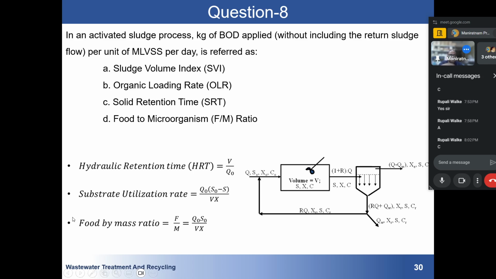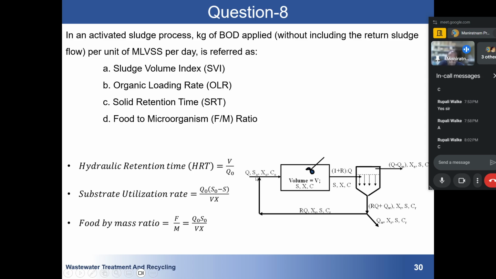If you go to any book or just search on the net, they will list out every formula related to the activated sludge process: what is loading, how much oxygen, how much microbes, what will be the BOD and COD after treatment, and how you can determine them. I think you are getting it.